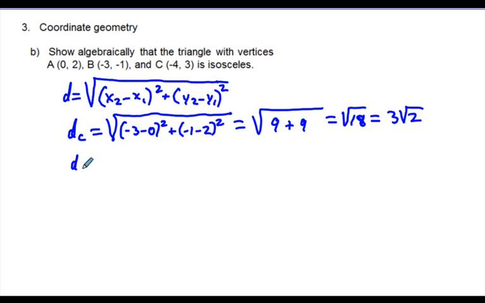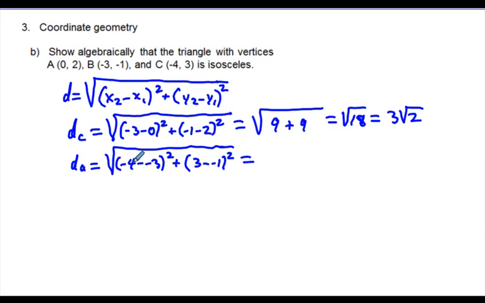Now we're going to take D of A, and so for D of A, we look at points B and C. Okay, so we're going to take -4, which is x2 minus x1, so -4 minus -3 squared plus, we're going to have 3 minus -1 squared.